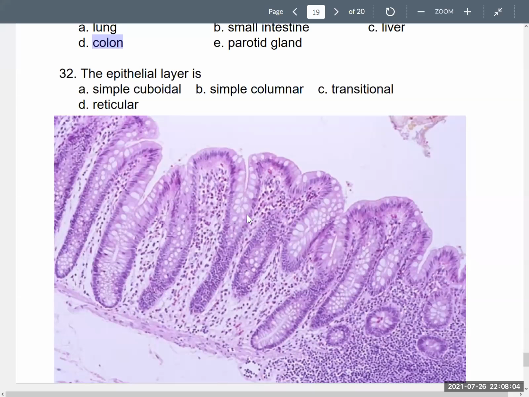But now we've progressed more distally, or farther along the GI tract, and there are more goblet cells, more of these white cells. And they give the sucker-like appearance of the so-called tentacles that I see. Okay, so it's colon, and the epithelial layer is simple columnar.